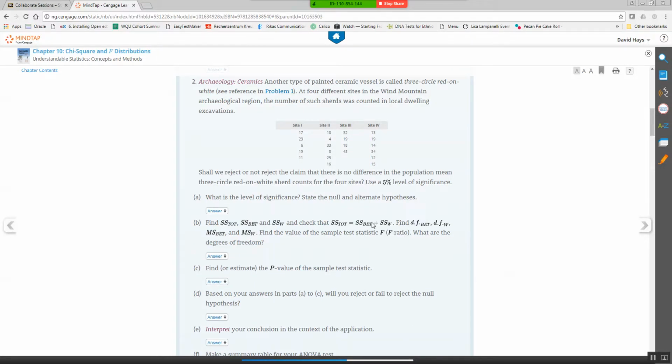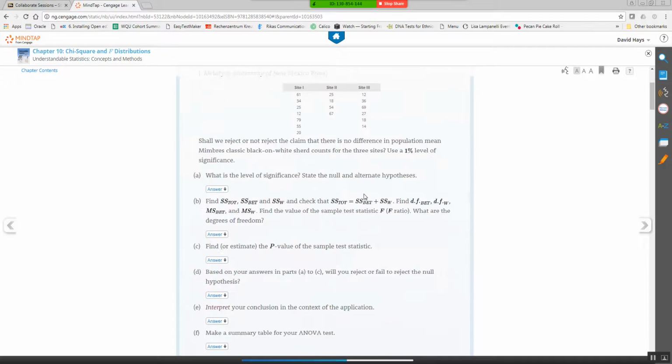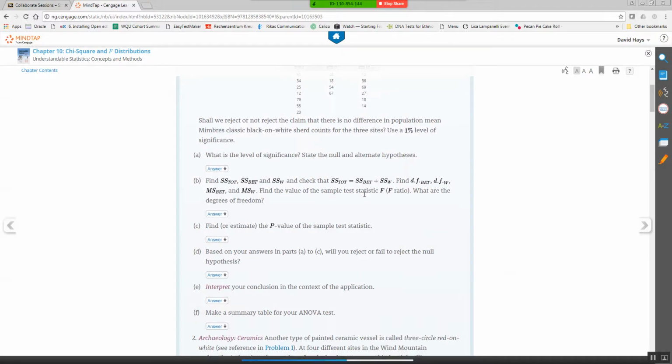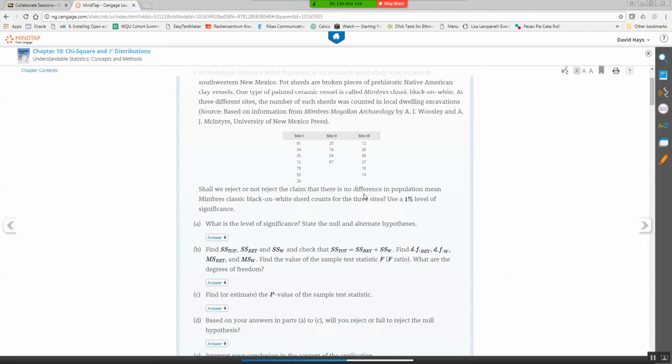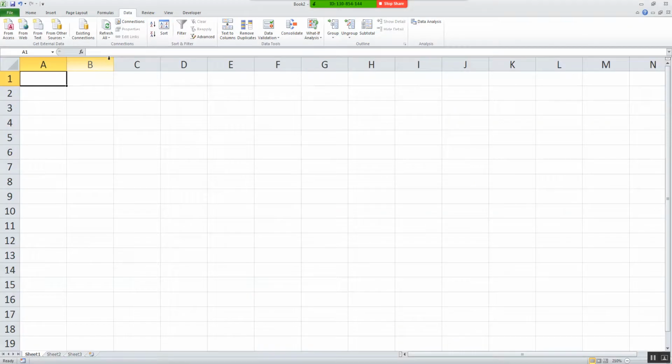Now we get down to here. And we got site 1. We got site 2. And site 3.